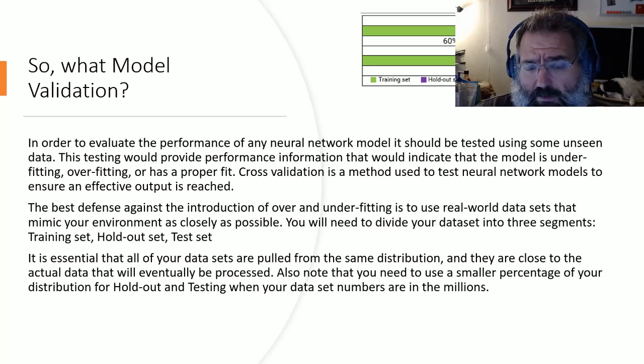Rather than using your test set, which could invalidate your results, you use this holdout set or validation set, and that gives you the ability to determine the accuracy on your validation data. Once you feel that your validation results are good enough, then you do the final test: you stop training, and you run it against the test set.